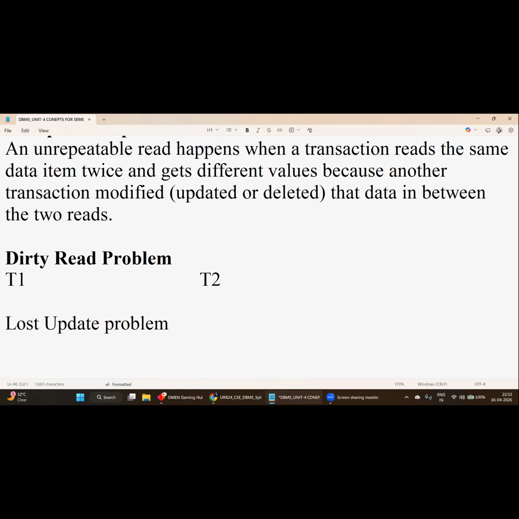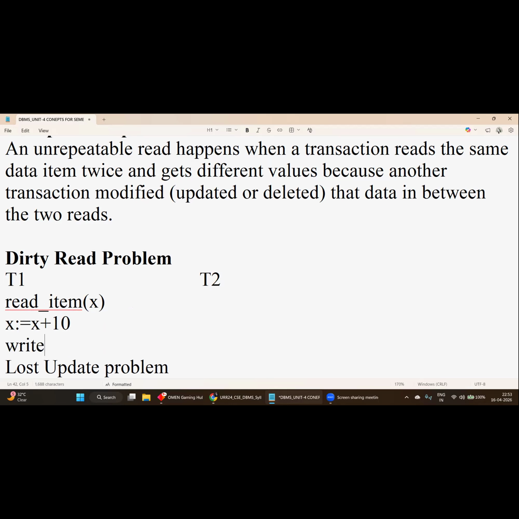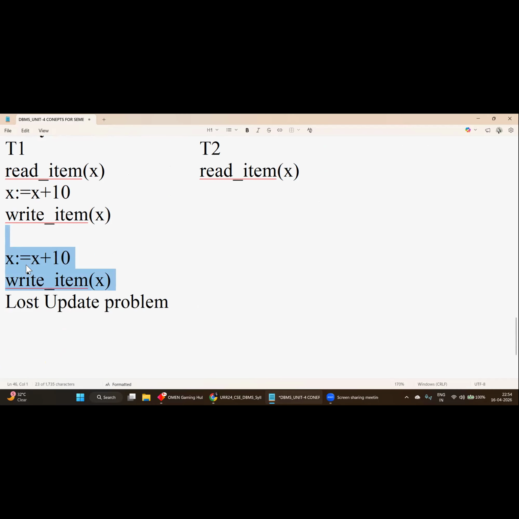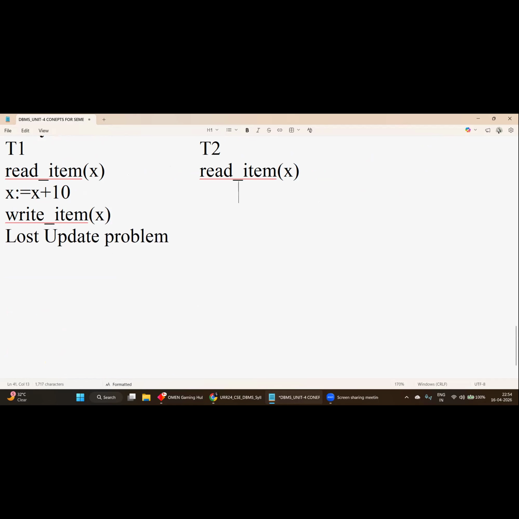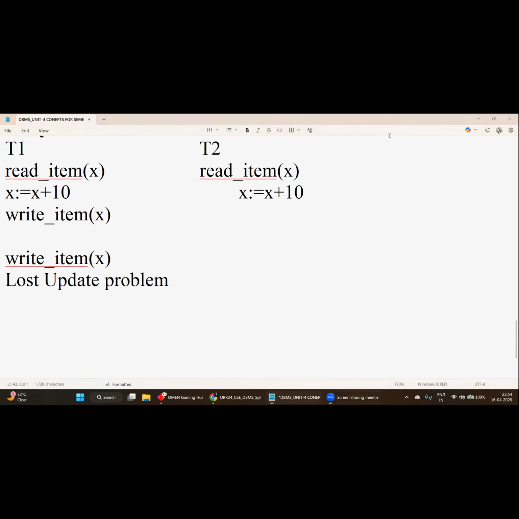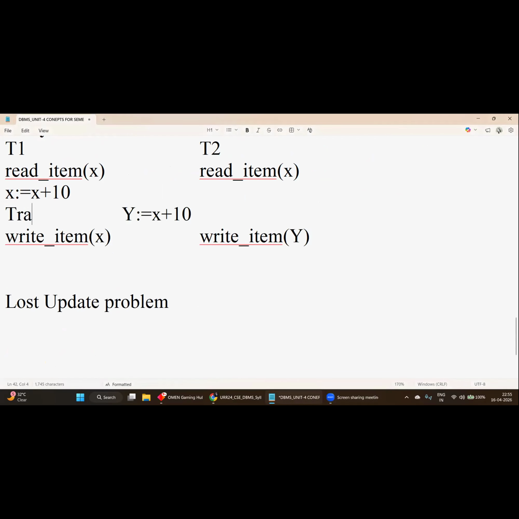In this, the read item of X is there and we perform an operation X equals X plus 10, then write item of X. Here the transaction failed.